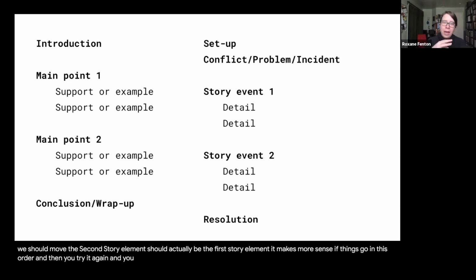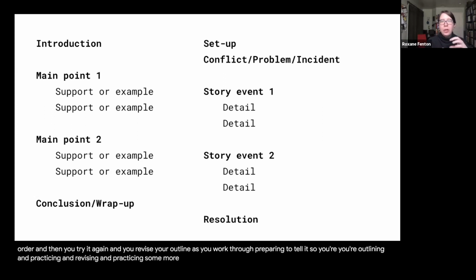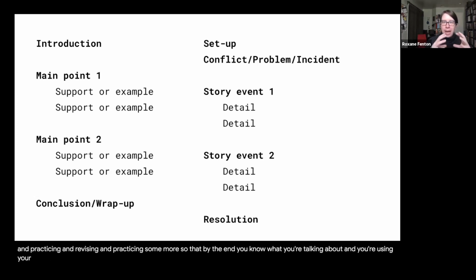And you revise your outline as you work through preparing to tell it. So you're outlining and practicing and revising and practicing some more so that by the end, you know what you're talking about and you're using your outline to hang that all together.